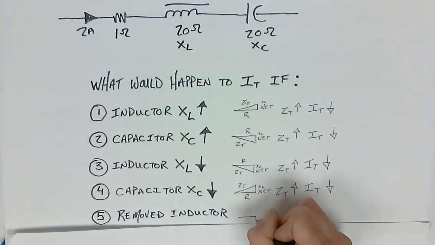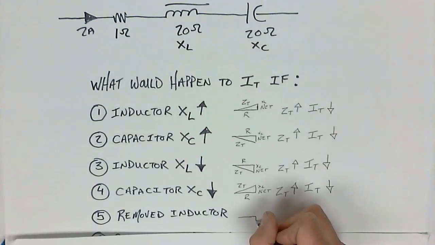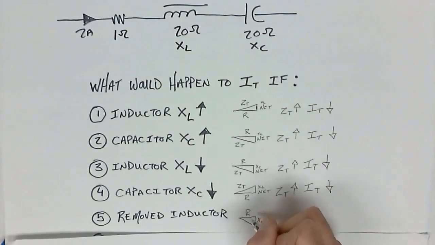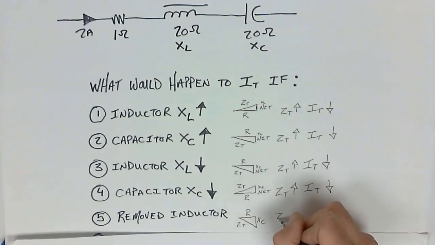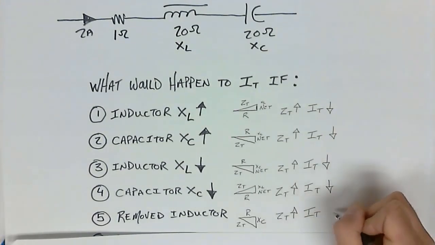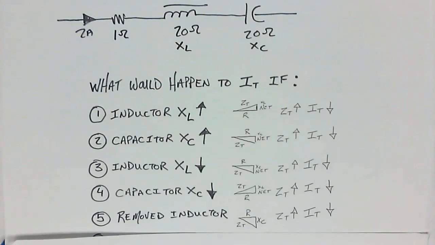We would have XC, R, and Z total. That would make a really big increase to Z total and a really sharp decrease in the current.